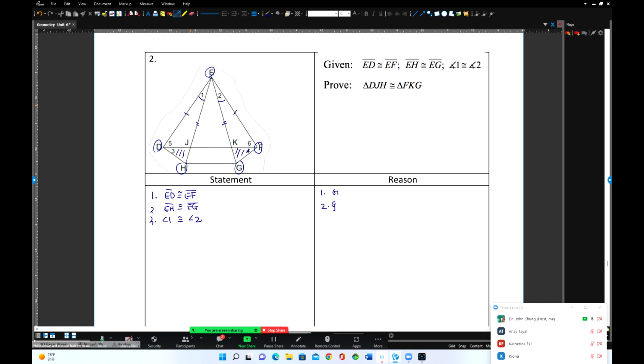Side, angle, side. This is side, this is angle, this is side. Using this one, we can prove this one. But from here, what can you say? Its corresponding sides are congruent, right? So I'm going to use a different color over here. This is the corresponding side, isn't it? They are congruent.